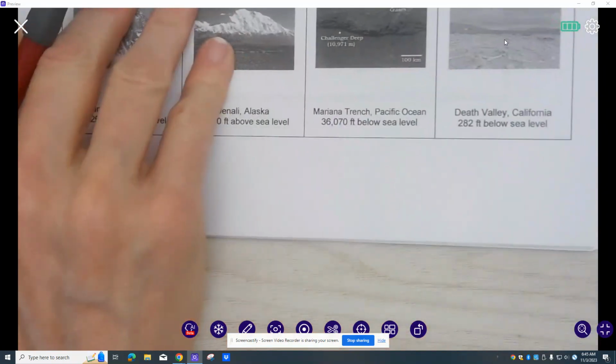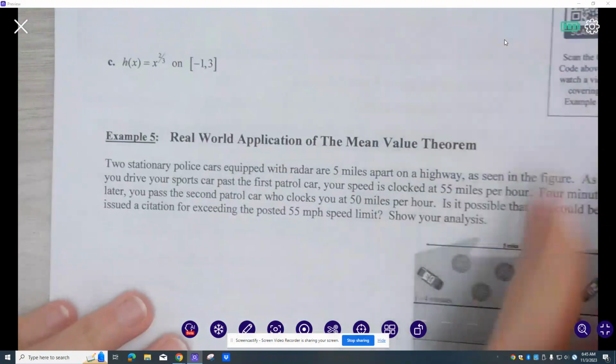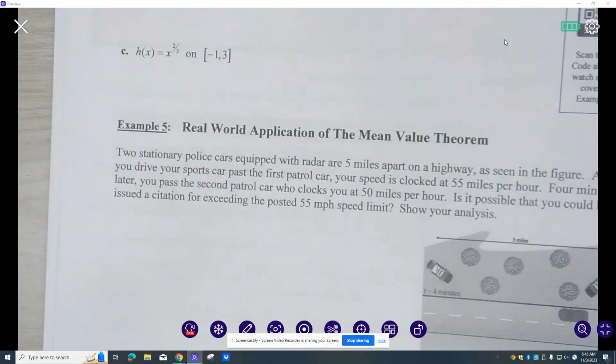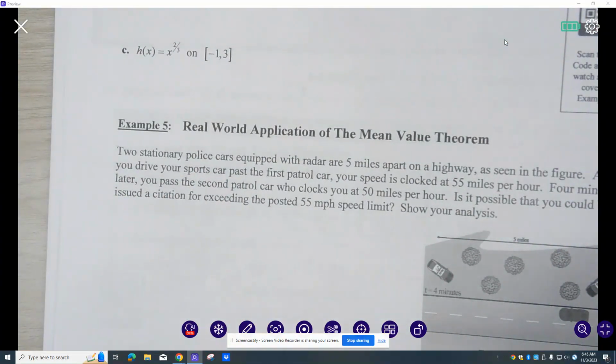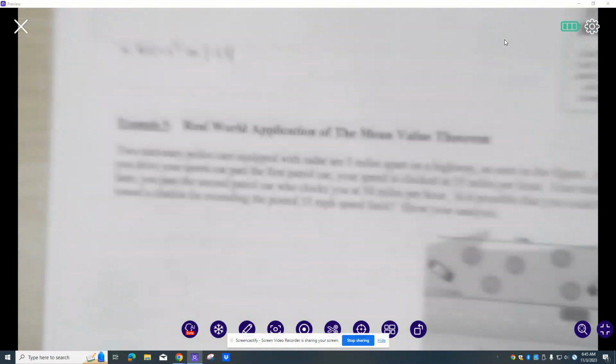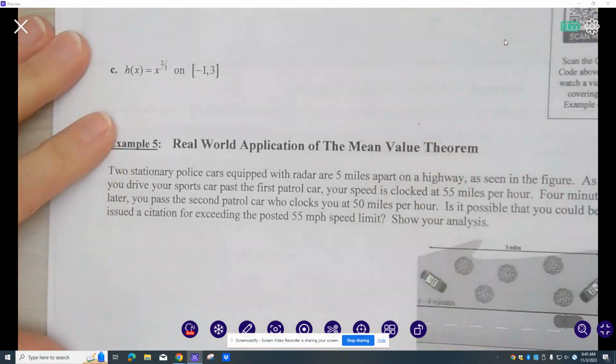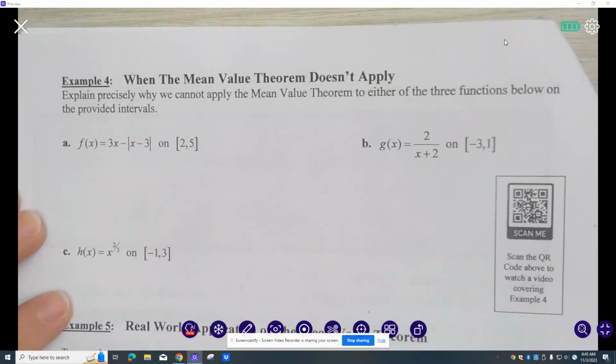Okay, example 4. When does mean value theorem not apply? So think of the requirements for mean value theorem, continuous and differentiable. So when does it not apply? When either one of those things is violated.